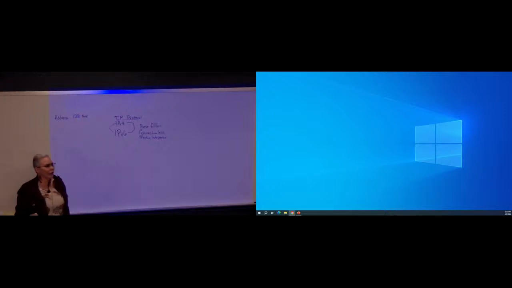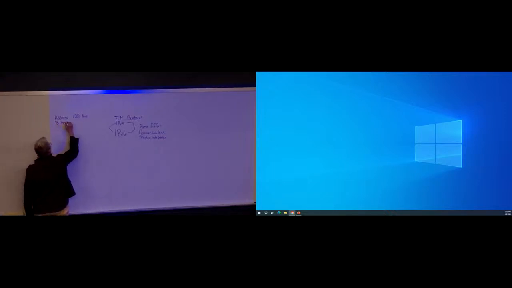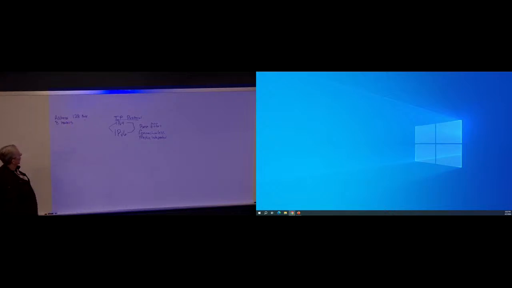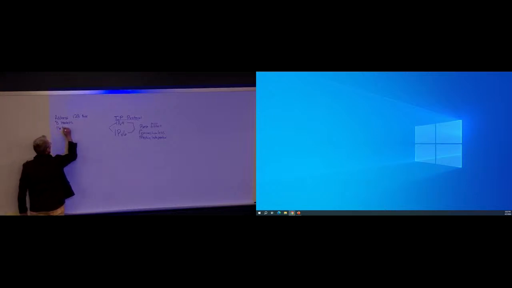How many hextets do we have in an IPv6 address? 8 hextets. And how many bits are in each hextet? There's 16 bits per hextet.